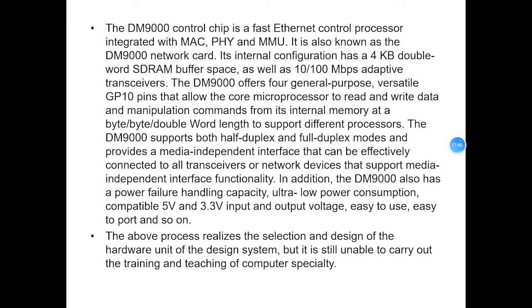The above process realizes the selection and design of the hardware unit of the design system, but it is still unable to carry out the training and teaching of computer specialty.